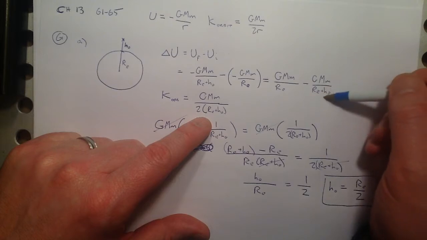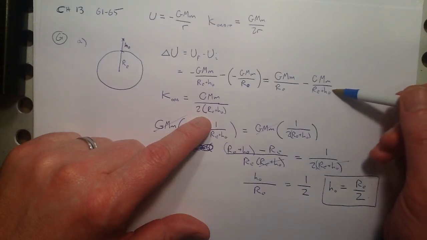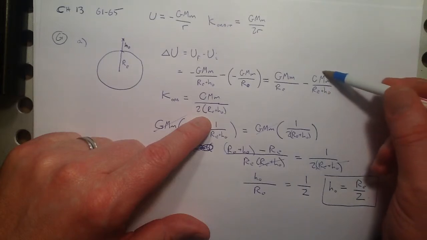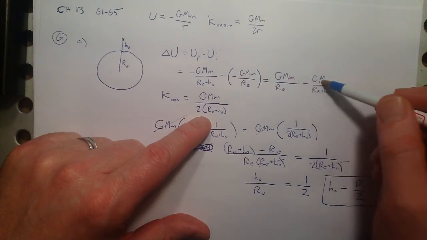If h sub 0 is greater, that's going to make this fraction smaller, right? That will make this larger.